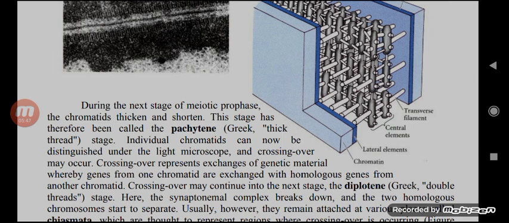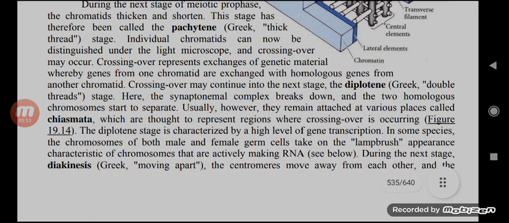Here the synaptonemal complex breaks down and the two homologous chromosomes start to separate. Usually, however, they remain attached at various places called chiasmata, which are thought to represent regions where crossing over is occurring. Figure 19.14.